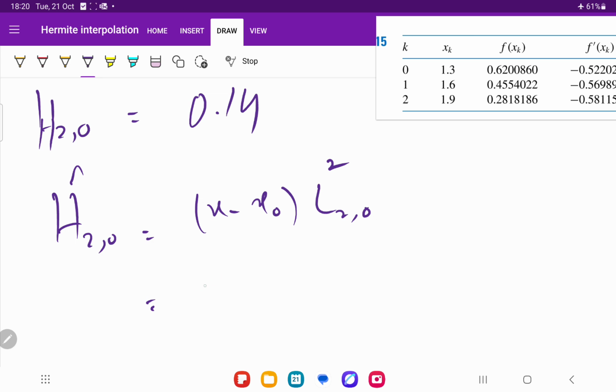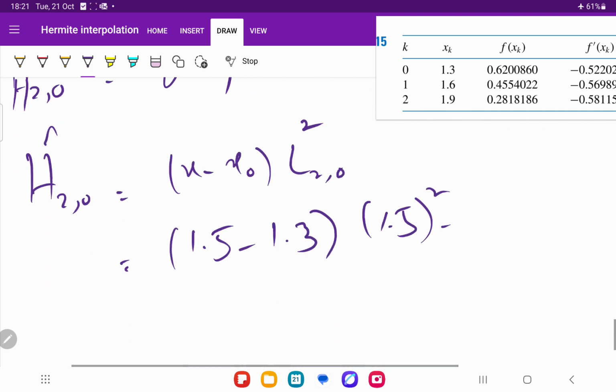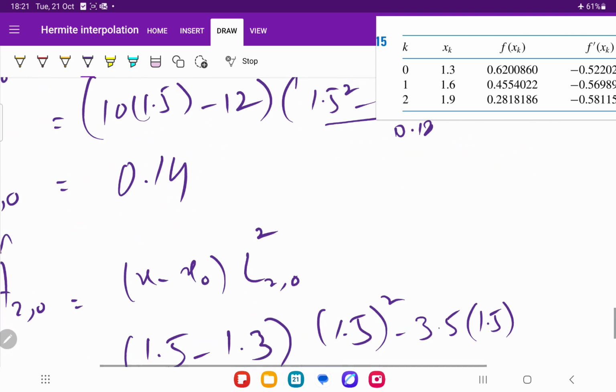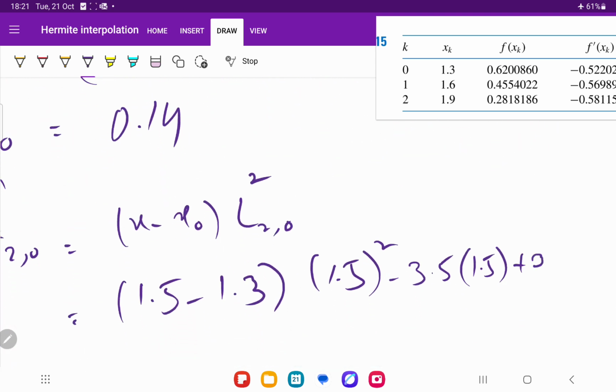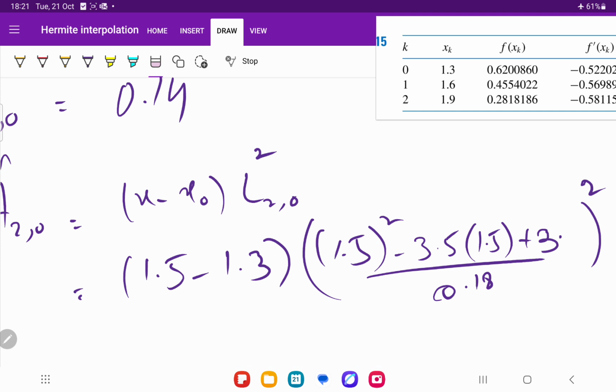So 1.5 minus x naught is 1.3, multiplied by 1.5 square minus, we know already, 3.5 into 1.5 plus 3.04, whole square.